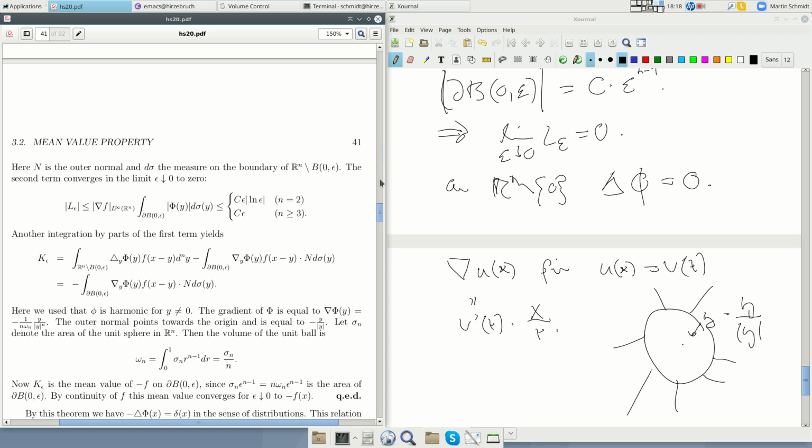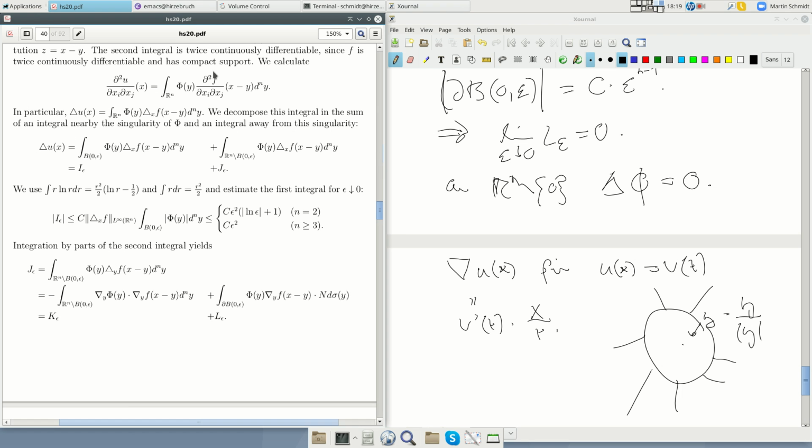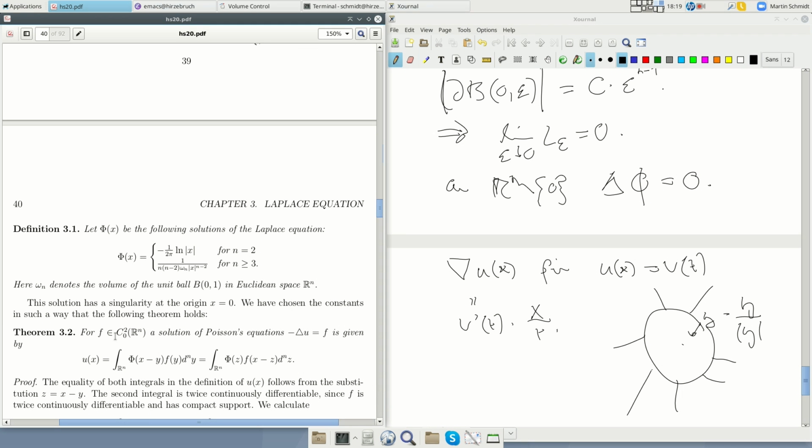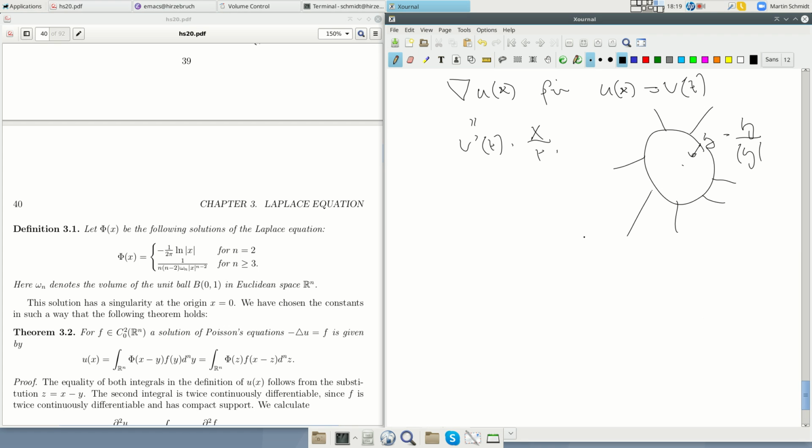Maybe you ask yourself, why apply the divergence theorem, because for the divergence theorem we needed that the domain is bounded, and the outside is not bounded. But remember, the function f has compact support in our statement. So there exists a large ball with the support of f inside this ball.